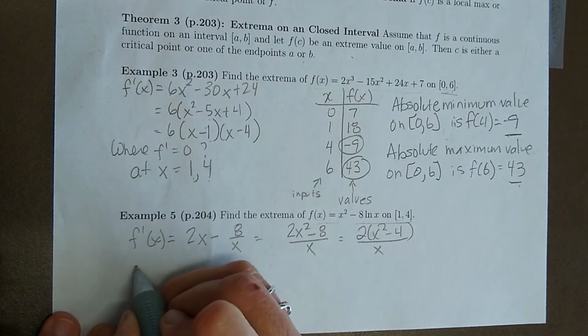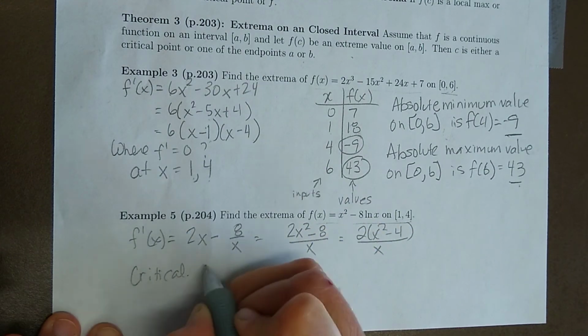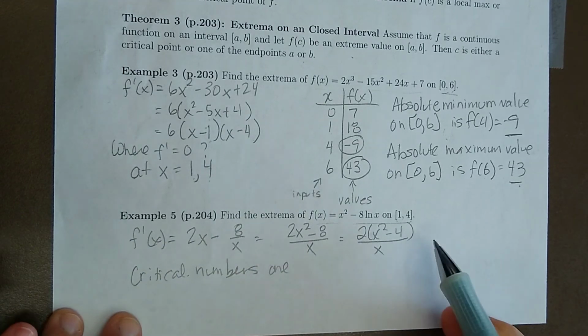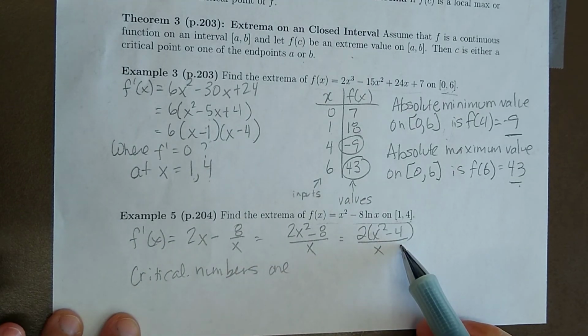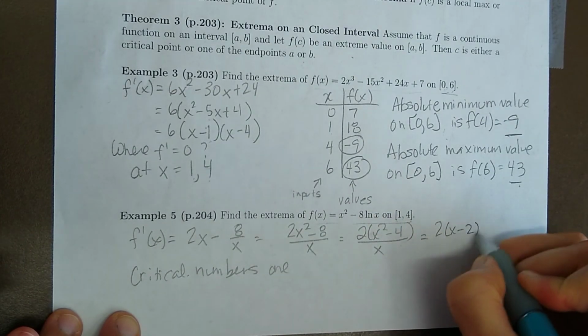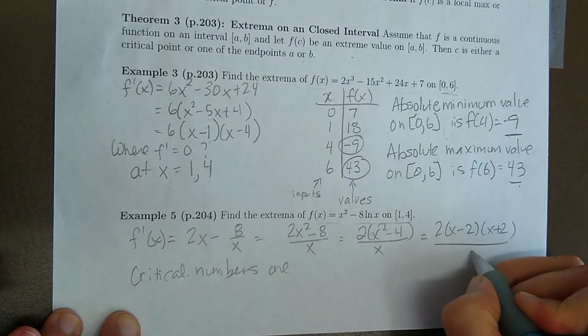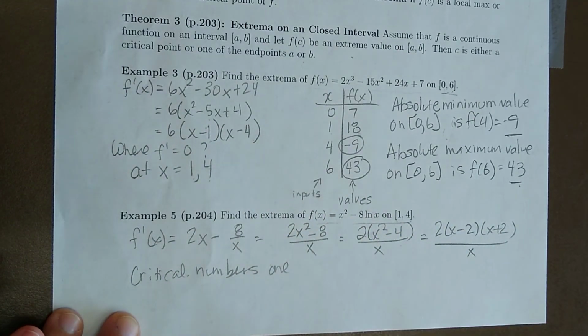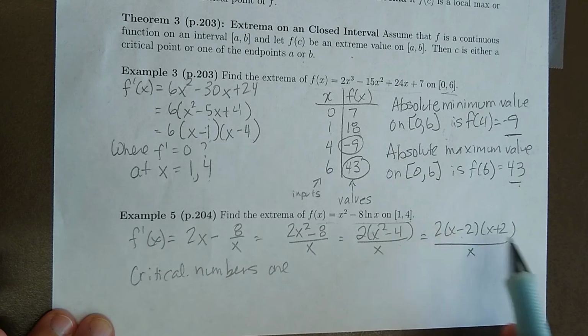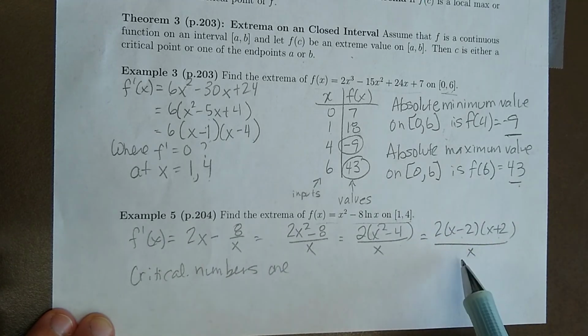The critical numbers, critical points, are where this derivative is not defined or where this derivative is 0. One more factorization gives us a complete factorization of that derivative. I can see the derivative is 0 at 2 and at negative 2. And I can see that the derivative is not defined at 0.